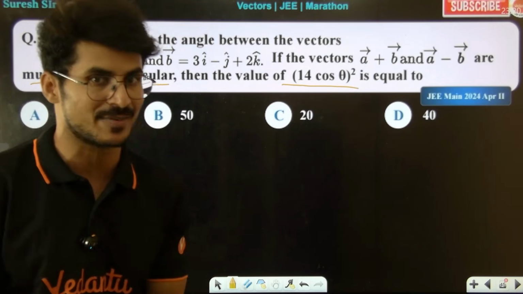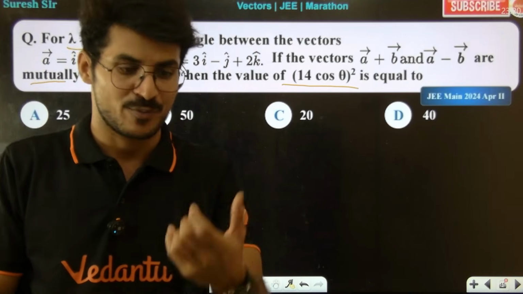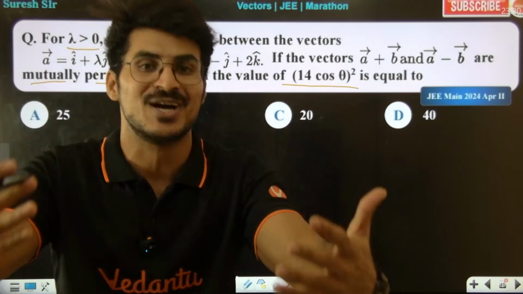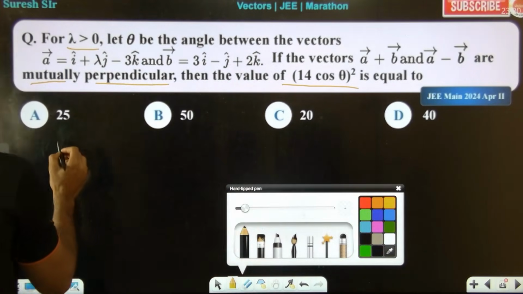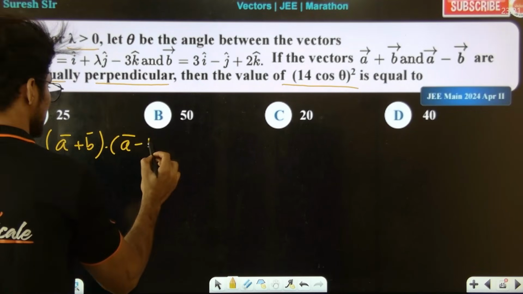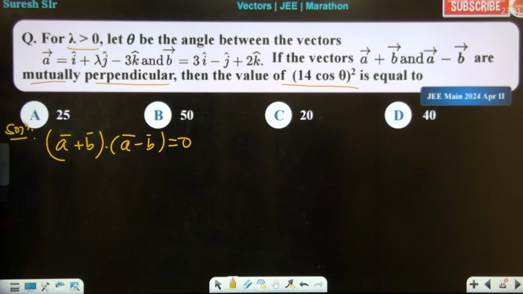Mutually perpendicular means what? Two vectors perpendicular to each other means their dot product should be equal to 0. Yes or no? So now, A plus B dot A minus B should be equal to 0.